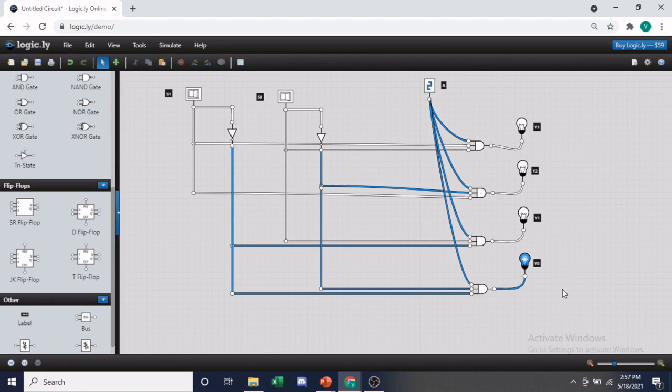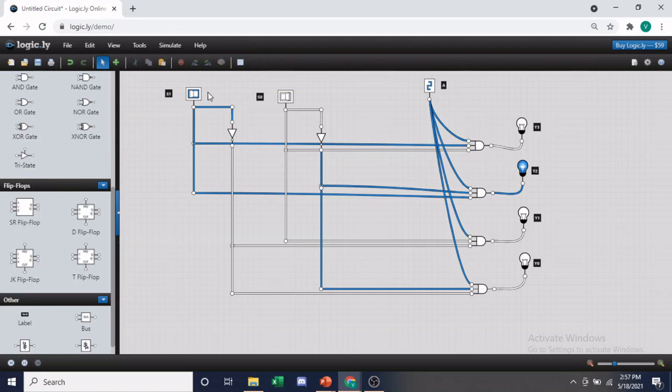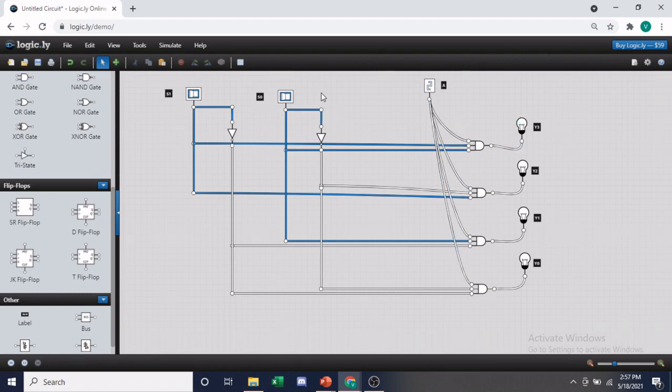So here the Y0 is only blinking. When 0 and 1 is activated, we get Y1 as output. When 1 and 0 are activated, we get Y2 as output. When both are 1, that is S1 and S0 are 1, Y3 will be activated. So this is how the demultiplexer works.